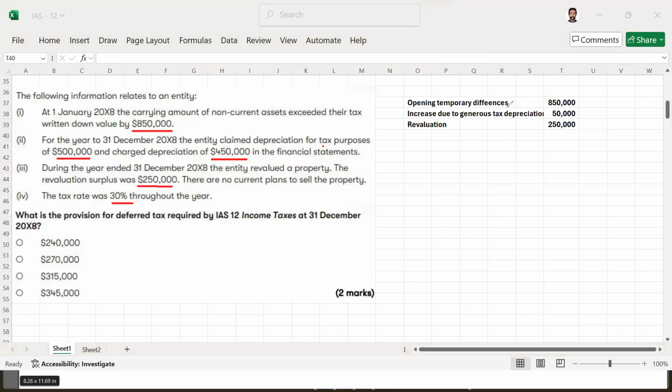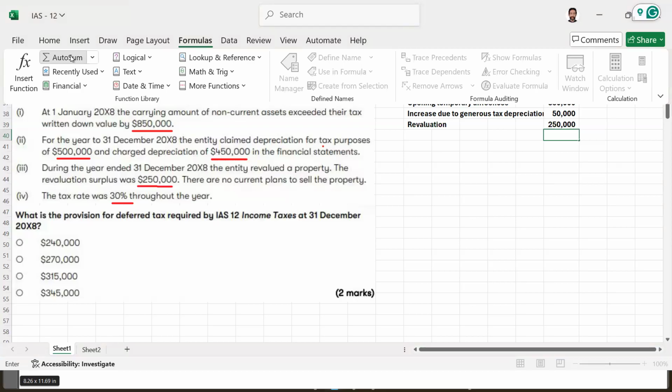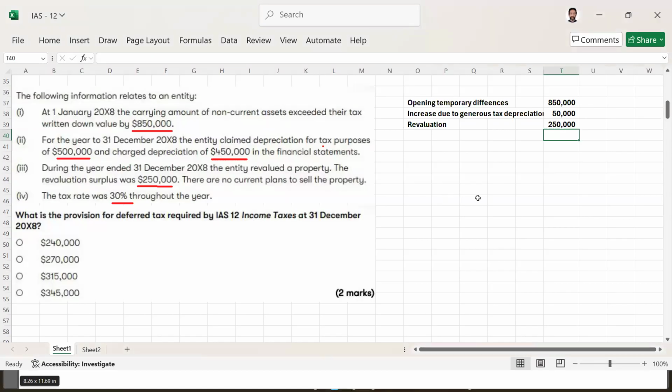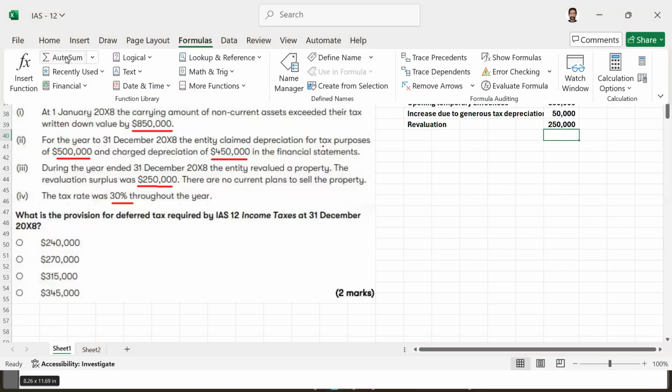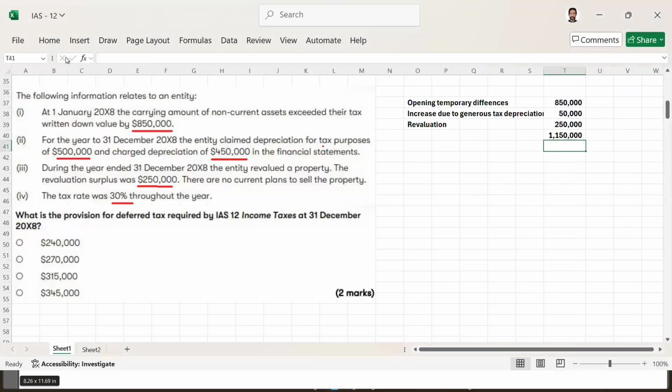So now we have the sum of the temporary differences, the total temporary differences. Let's find them out and multiply them to the tax rate to calculate the deferred tax. So the answer here is 1.15 million. This is the total temporary differences.